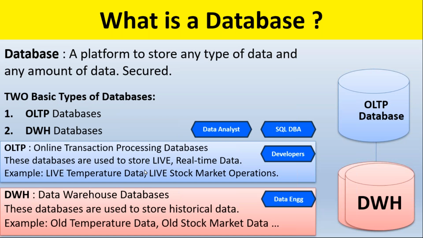Developers are responsible to design OLTP databases. DBAs are responsible to manage both OLTP and warehouse. Data analysts are responsible to report data, analyze data from OLTP as well as from the warehouse.